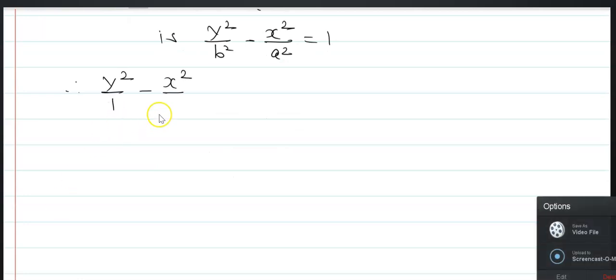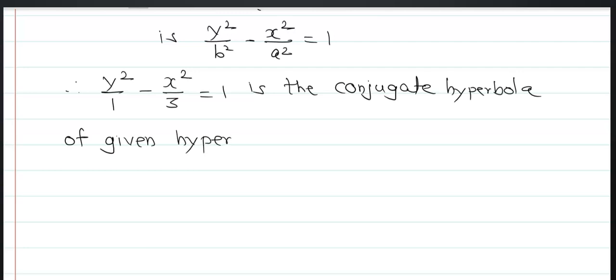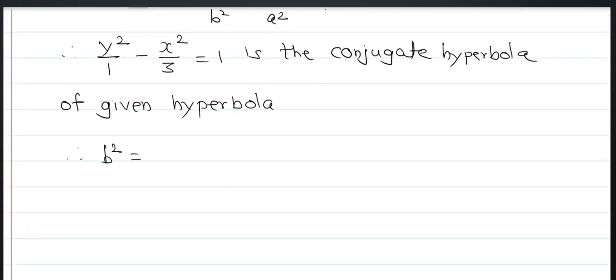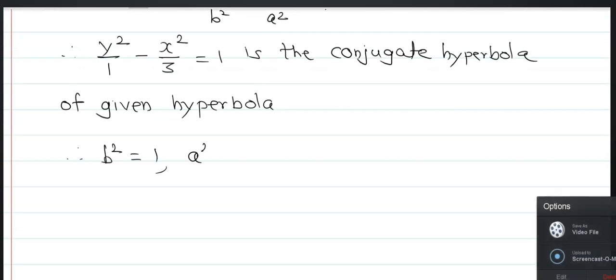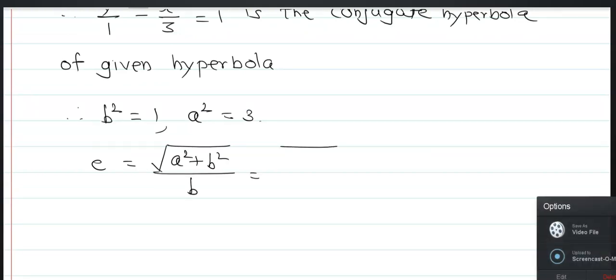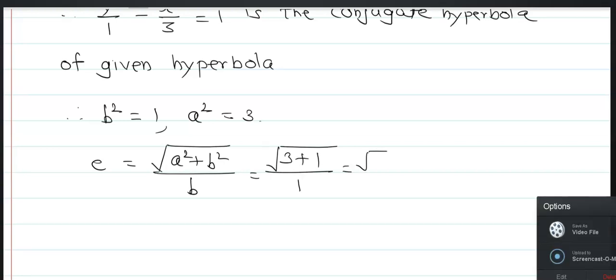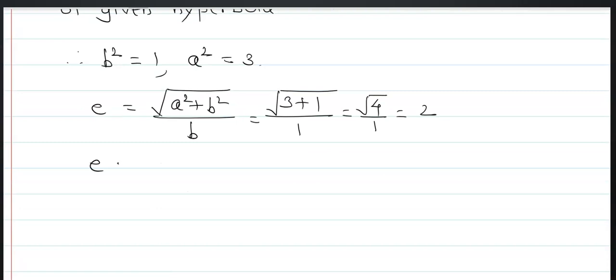Therefore, y square upon 1 minus x square upon 3 is equal to 1 is the conjugate hyperbola of the given hyperbola. Therefore, b square is equal to 1 and a square is equal to 3. e is equal to root of a square plus b square upon b. Substituting the values, root of 1 plus 3, that is 2. e is equal to 2.